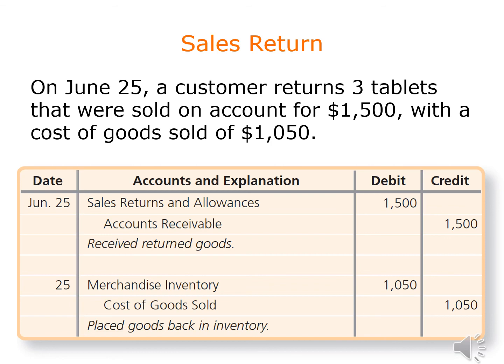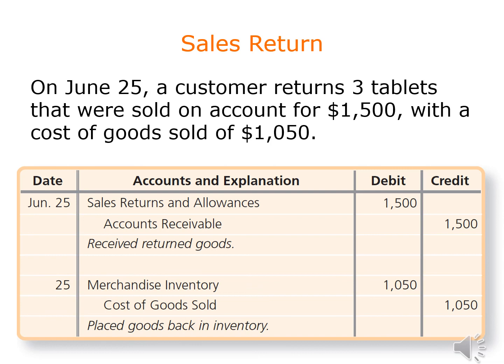When items are returned to us and we need to reverse a sale entry, we do not want to debit directly into our sales revenue account. So we have a contra revenue account called sales returns and allowances that we will use. We're going to debit that account for $1,500, and we're going to credit accounts receivable to reduce our accounts receivable amount.